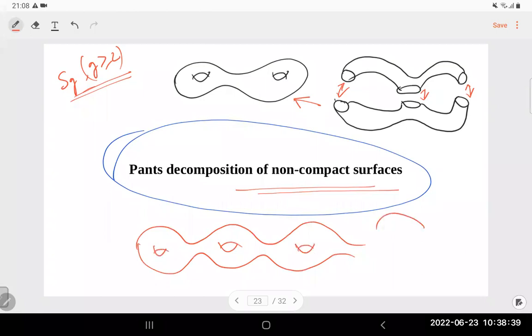You can start with... okay, here. Again, here consider, so you can decompose into pairs of pants. It's a bad drawing.